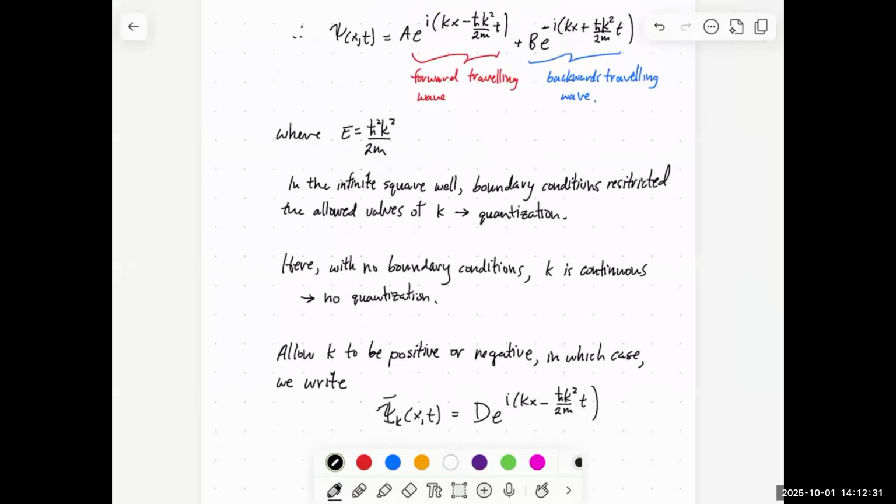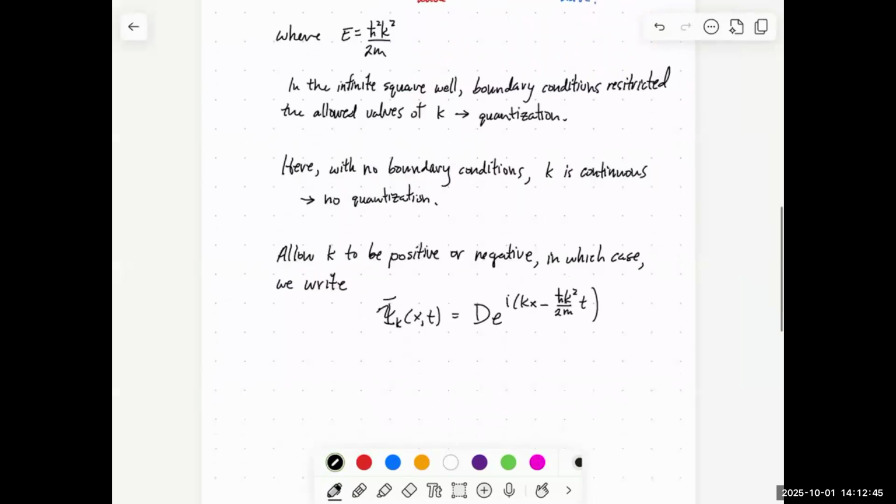Okay. First thing I'll say is if k is positive, it's like the term on the left. If k happens to be negative, it's like the term on the right. So let's go through this little argument now. And let's just emphasize here, k is equal to plus or minus the square root of 2mE over h bar.